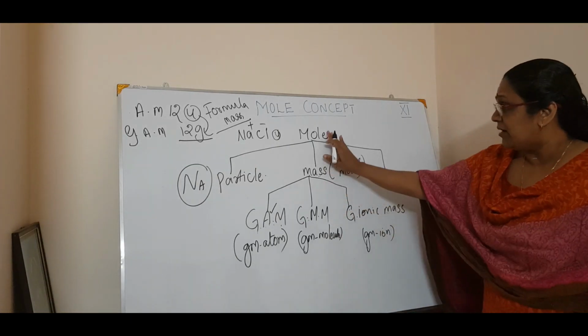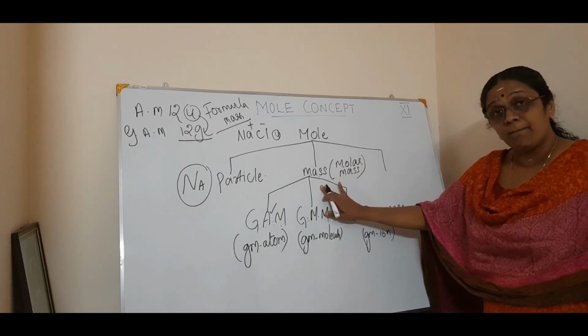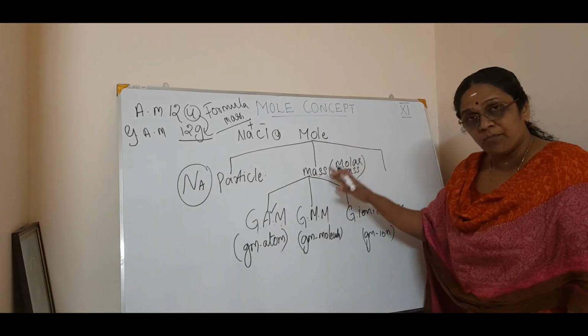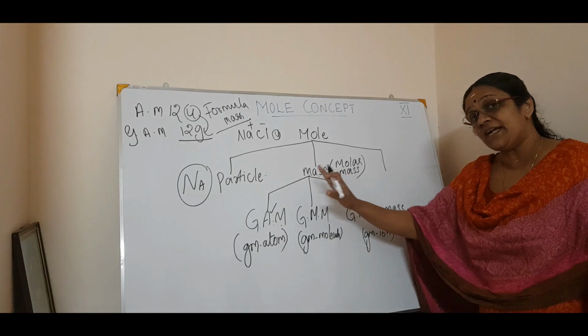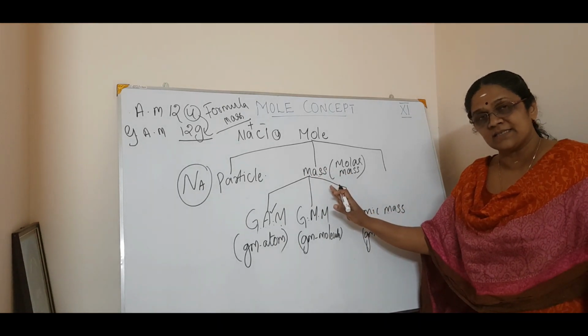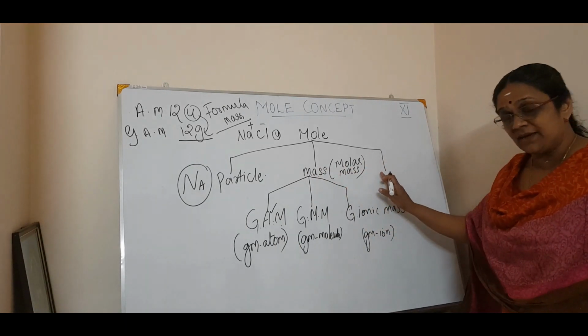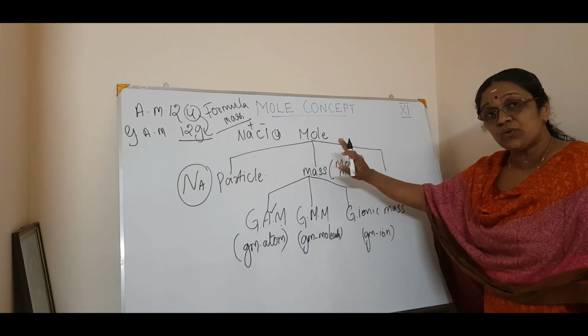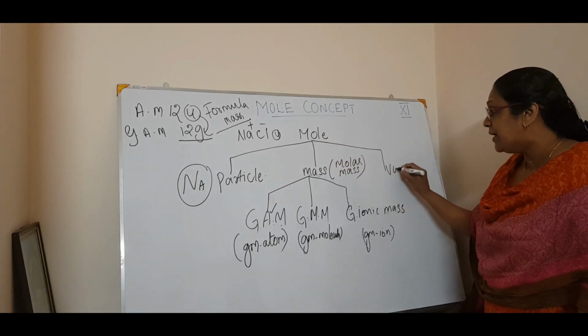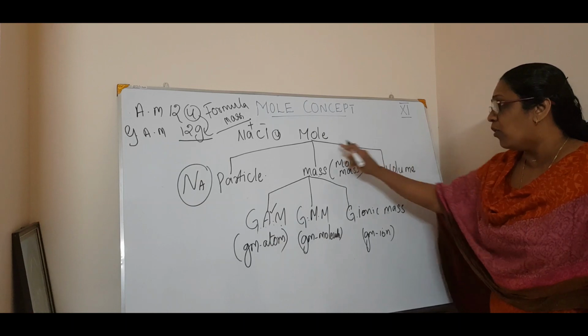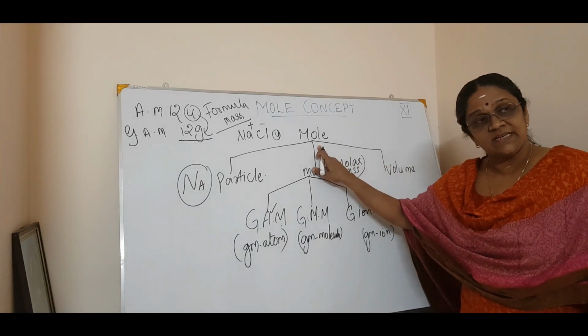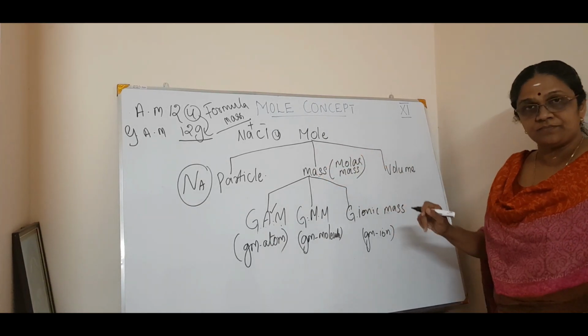So this is about the mole as a representation of mass, that is molar mass. These two you have studied in earlier classes. But now what I am going to say is, the mole can also be represented in terms of volume.